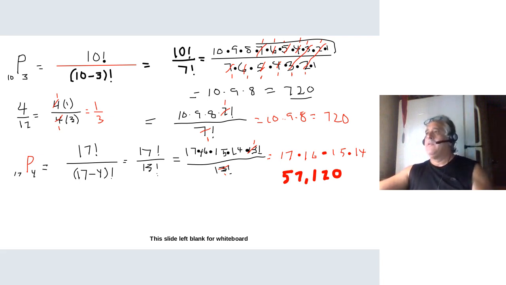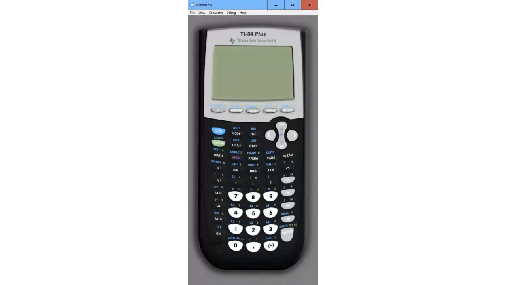Let's see. Well, it came up finally. So what you got to do is, you hit the math button, and then you go over here where it says probability, and there they are right on the top.